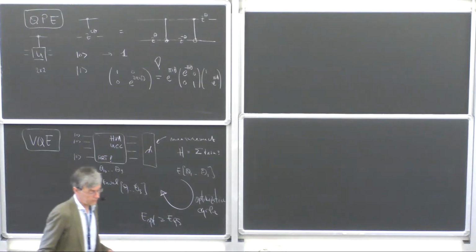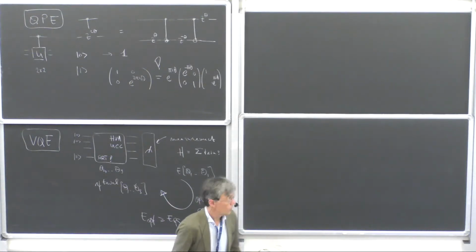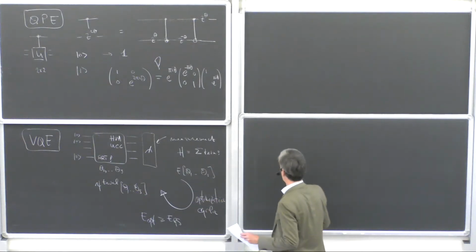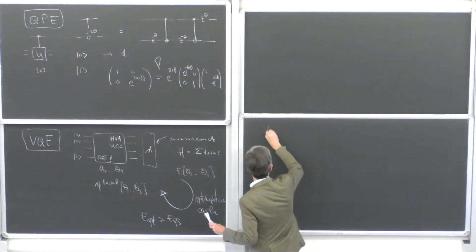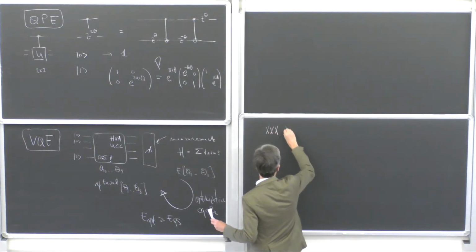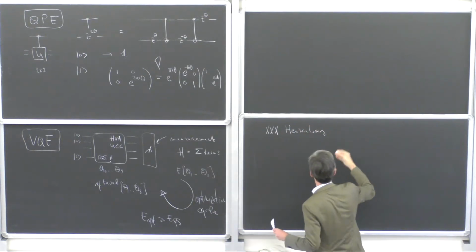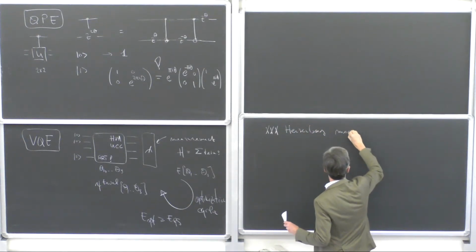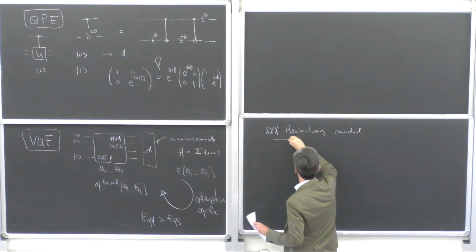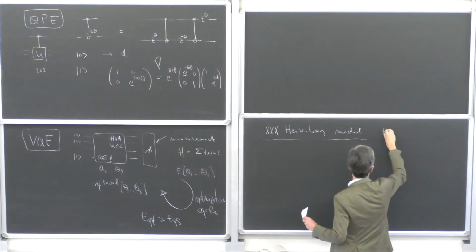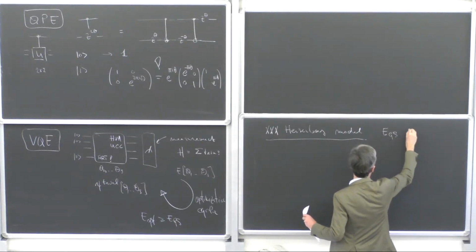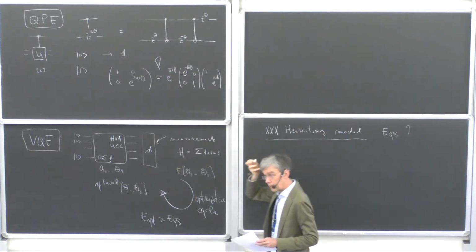Now I'm going to do the opposite. I'm going to try to contribute to the problem of doing, let's say, the XXX Heisenberg model. And if you wish, I'm going to hunt the ground state energy thereof, using the VQE method.